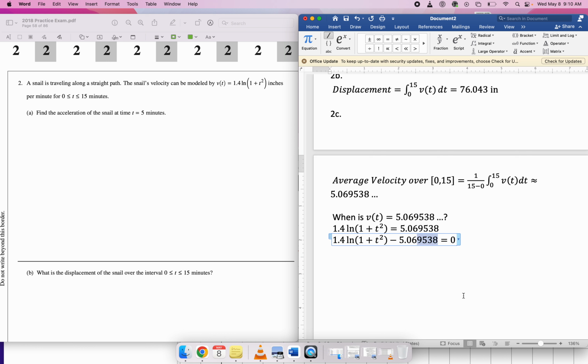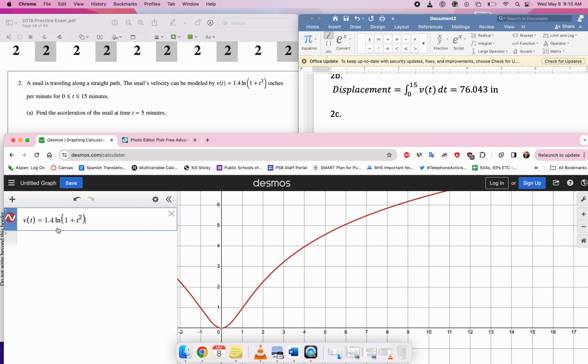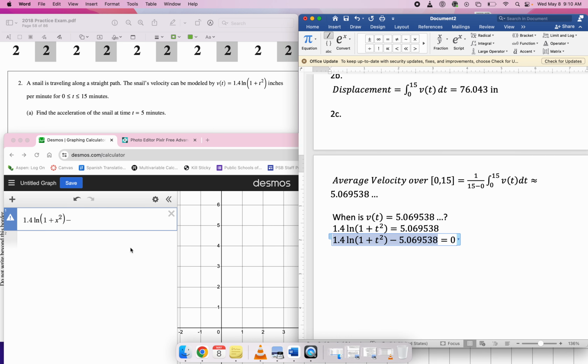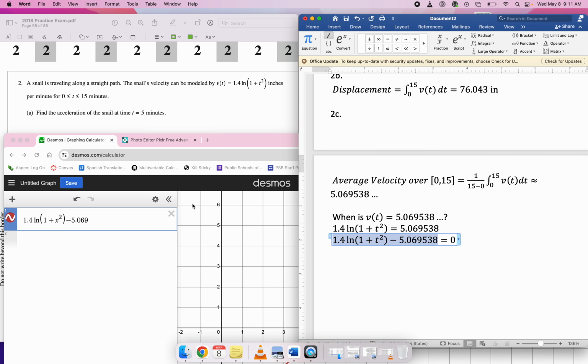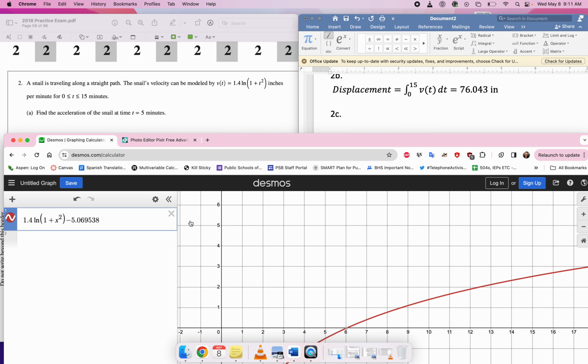And then graphing this function in your calculator and seeing when it is equal to 0, like where its x-intercepts are. So if I do this guy minus 5.069538, here it is.